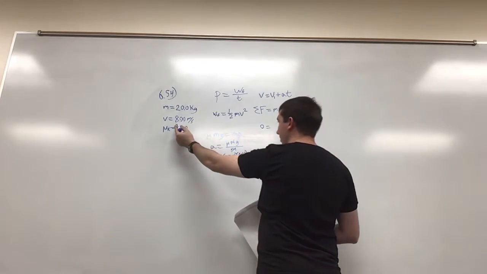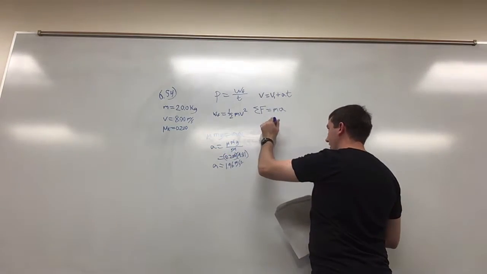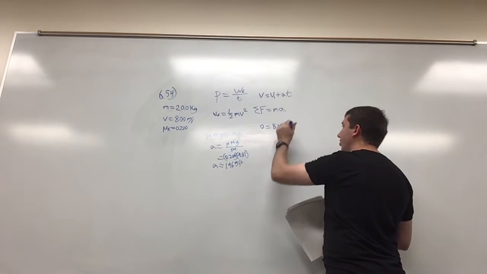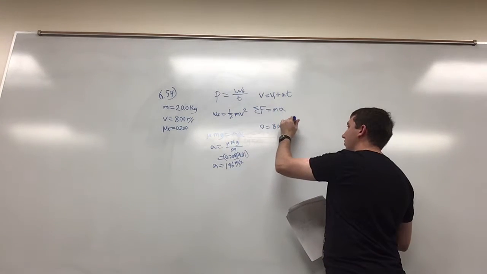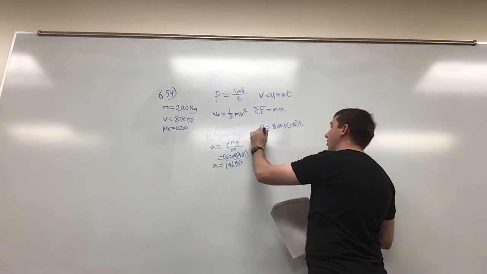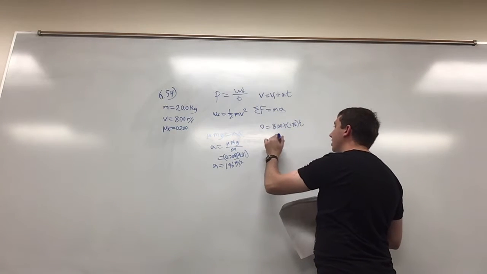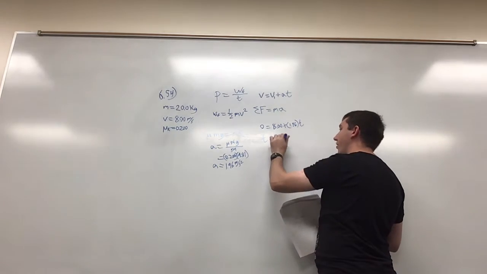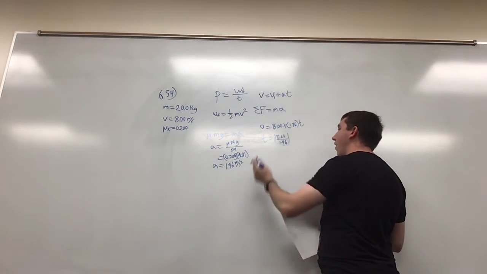Our initial velocity is 8 meters per second, plus our acceleration that we just found, times time. So then our time is going to be equal to the absolute value of 8 divided by 1.96.